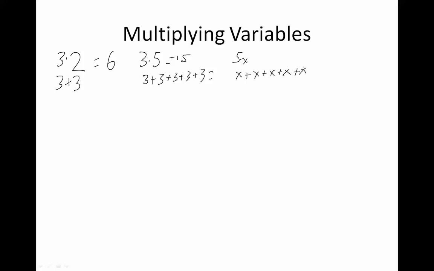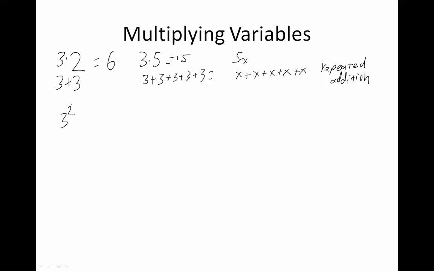While I don't know what x is, I know that 5x is going to be that number added to itself 5 times. This logic is called repeated addition, and we can extend it to what we have as an exponent.